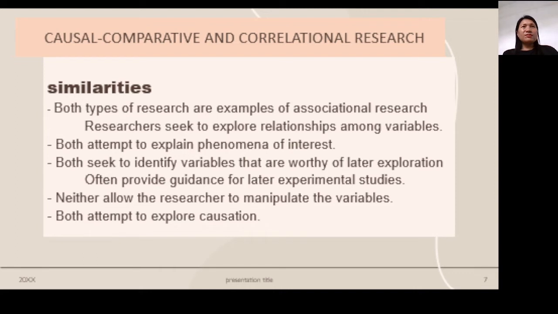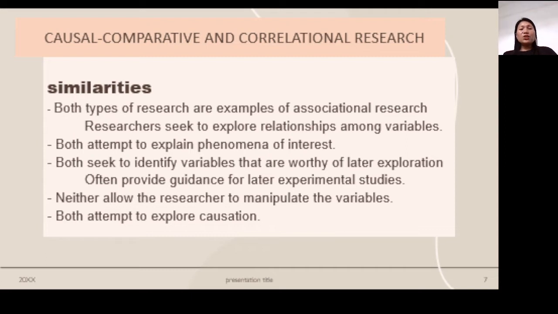The similarities are being presented here, on your screen. Causal comparative research shares some similarities with other forms of research like correlational and experimental researches. However, there are also significant disparities.